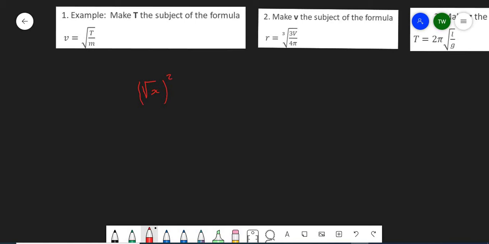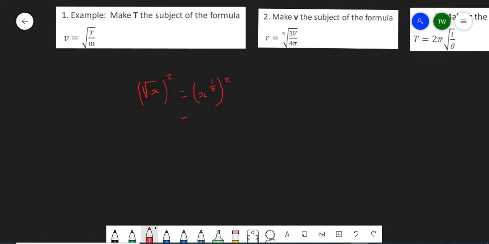So let's prove it using indices. Now, we know that when we find the square root of anything, it's the same thing as raising what's under the root sign to the power of half. So the square root of x is the same thing as x raised to the power of 1/2, all squared, right?